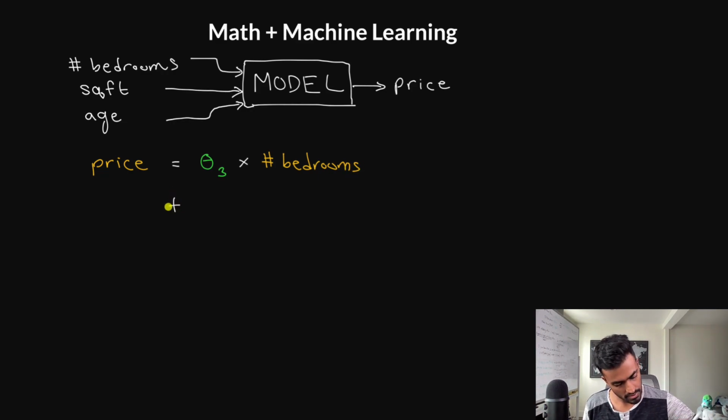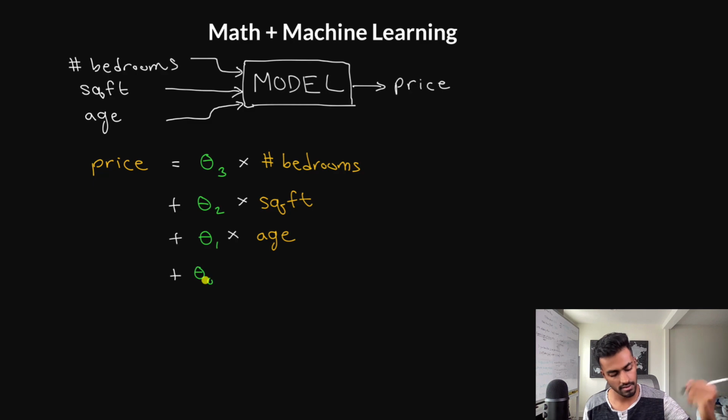plus theta 2, this is another variable, or rather the coefficient of the variable square footage here, plus theta 1 times the age of the house itself, and then we'll also add in a constant intercept term, which is theta naught.